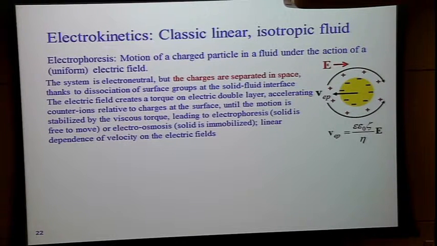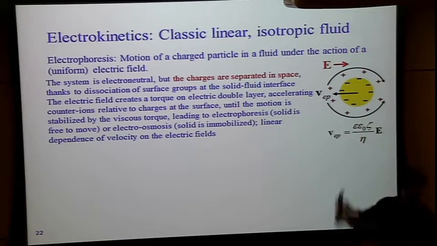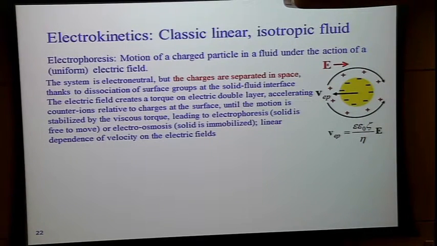Now, despite the fact that the system is electroneutral, if you apply the electric field, what happens is that this electric field rotates this imaginary dipole at the surface of the particle. So the piece of electric double layer is like a dipole that the external electric field realigns. And that creates the flow of electrolyte around the particle.